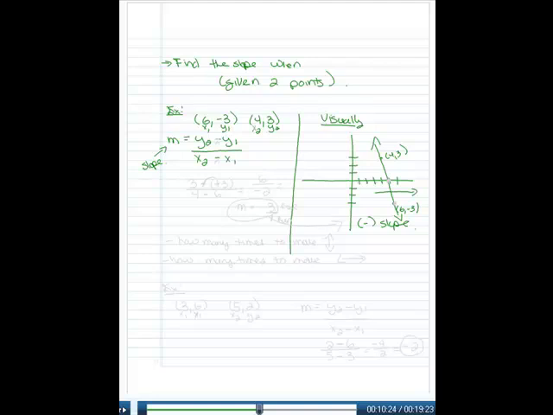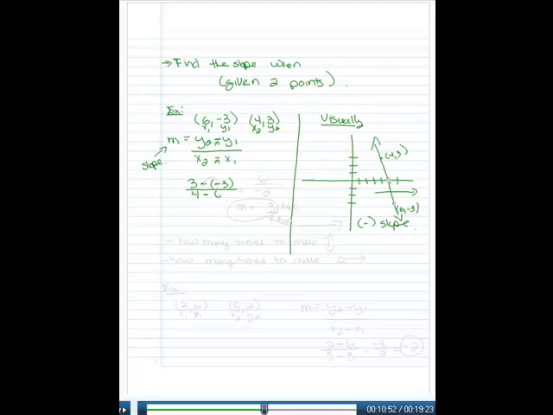So all we're going to do is plug the numbers in appropriately. Keep in mind the y coordinates always go in the numerator. So y2 I labeled as the point 3. There is a minus sign in the formula. So minus y1, which happens to be negative 3, divided by x2, which we labeled as 4, minus sign in the formula, x1, which is 6.